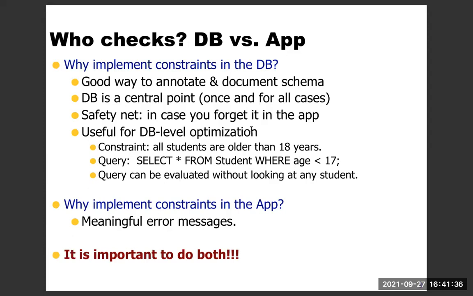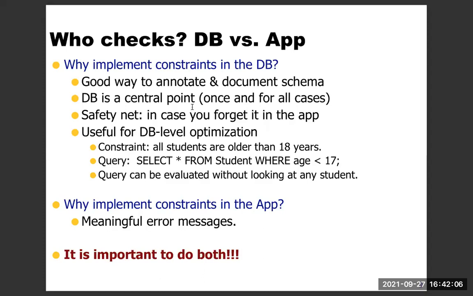So in some cases, some checks may be performed in my application, but in case I forget it, or some other team members forget it, or even other teams create another application to access my database, checking constraints in the database is a safety net for all these cases. And checks in the database allow for some optimizations.